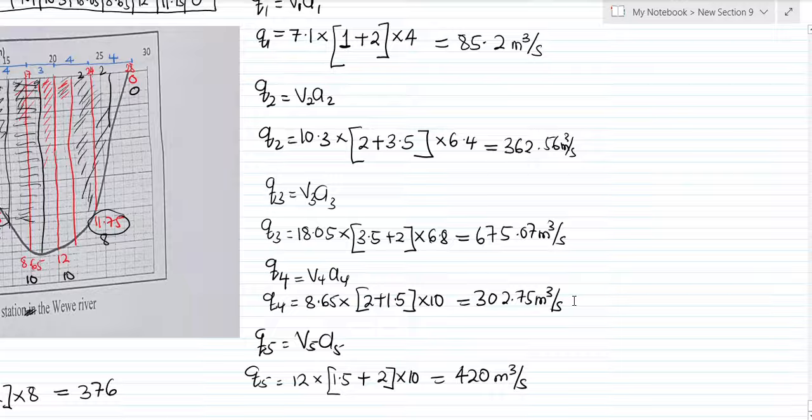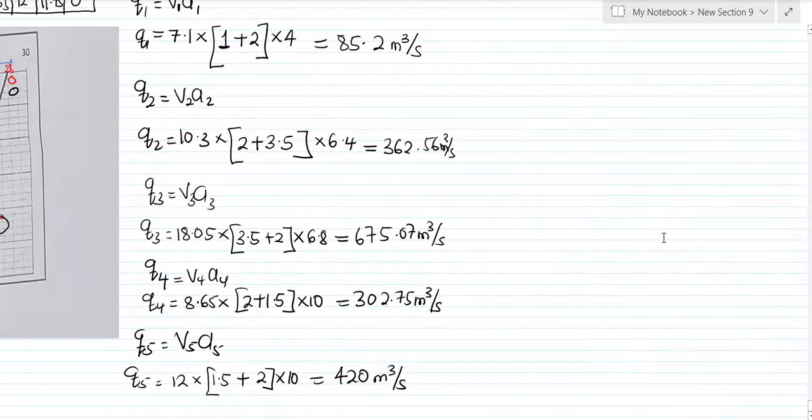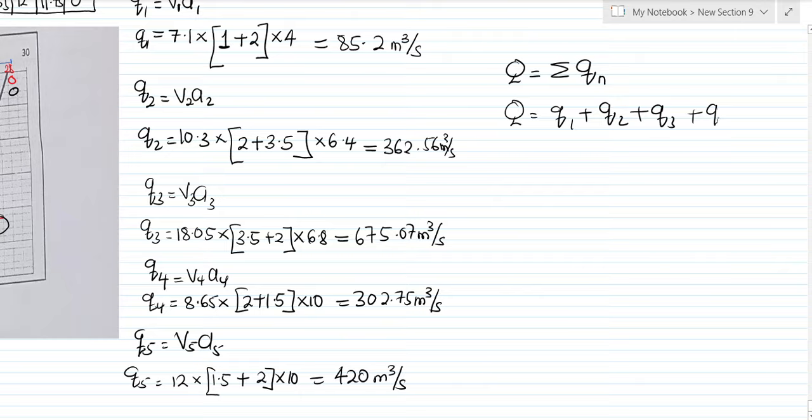Now with this in place, we find the sum of each one of them. The total discharge, as I said earlier, is equal to the sum of the discharges. So the total discharge is going to be Q1 plus Q2 plus Q3 plus Q4 plus Q5 plus Q6.